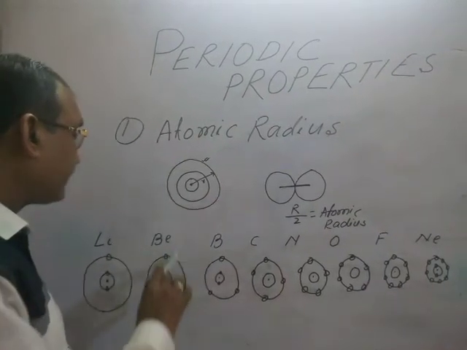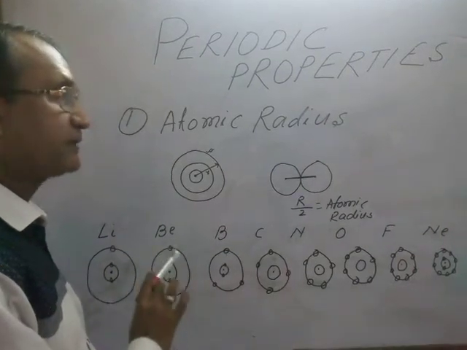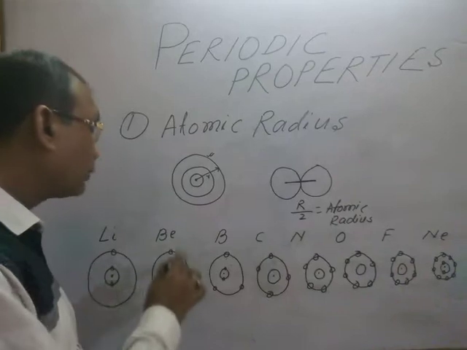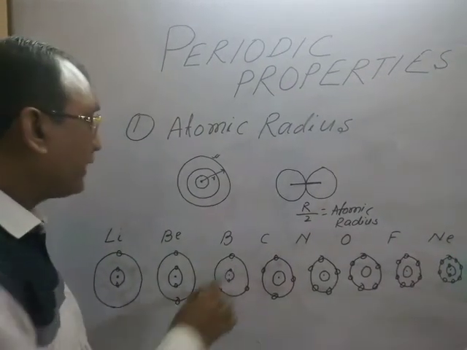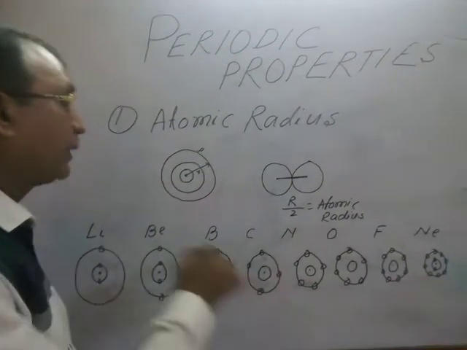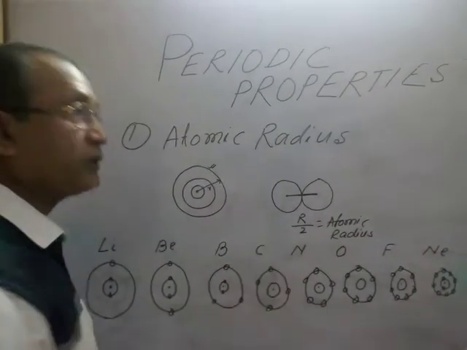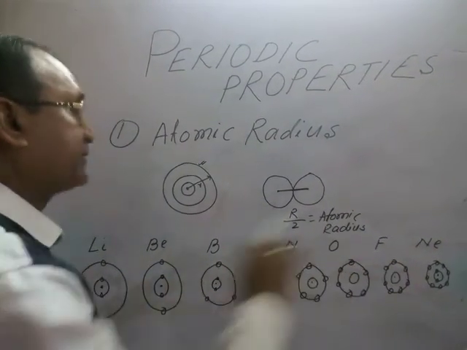If we consider this one, here also the number of cells is 2, but in the outermost cell the number of electrons is 2. Here in the outermost cell the number of electrons is 3. In the case of carbon, the number of electrons is 4. So the number of electrons increases in the same cell.